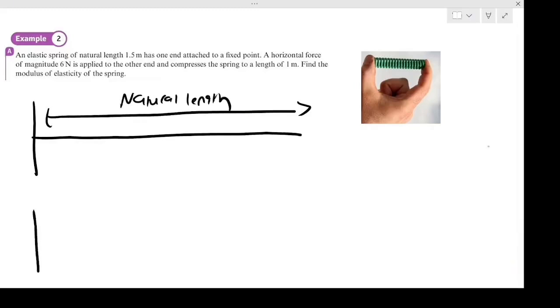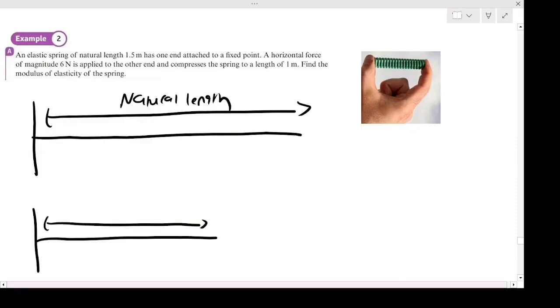But now there's a force of 6 newtons compressing it, so it's going to shorten the spring. You can see it's compressed and shortened the spring. So now this is my total length, and there's my compression bit, which is missing.